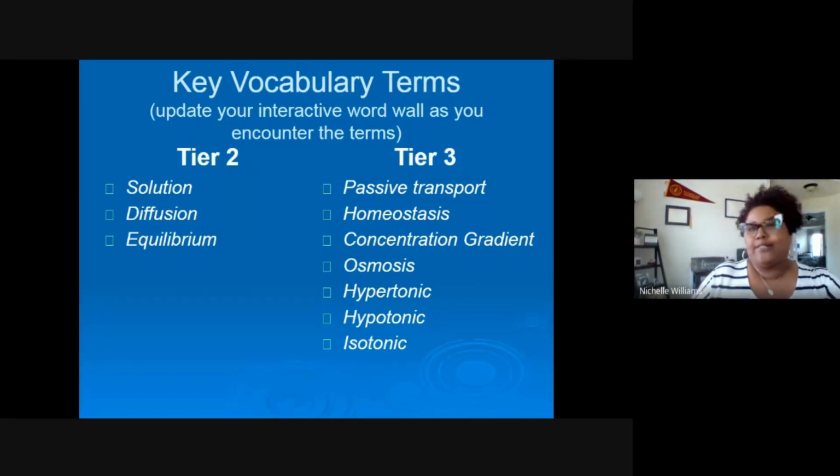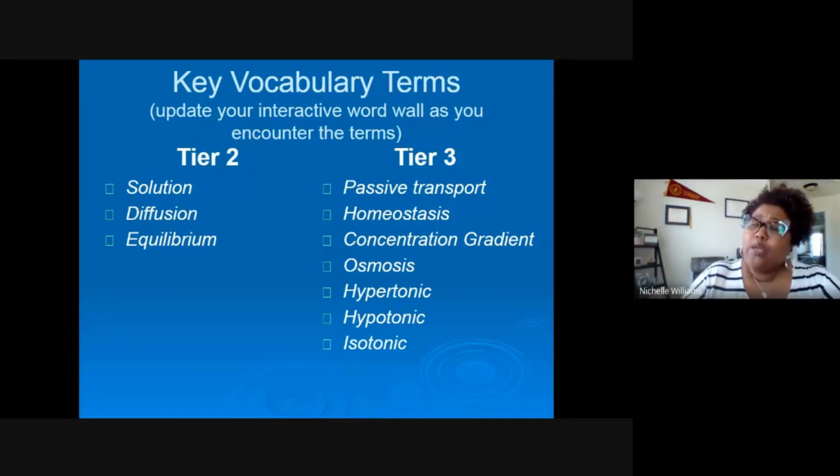Those are terms that we see or hear or use in other classes besides the science class, right? But we know that with the tier 3 terms, those are words that we primarily just use in this class. So we're not really going to use those at home with our family or in someone else's classroom. Those are words specific to our class. But all of these words, you are responsible for knowing the meaning.